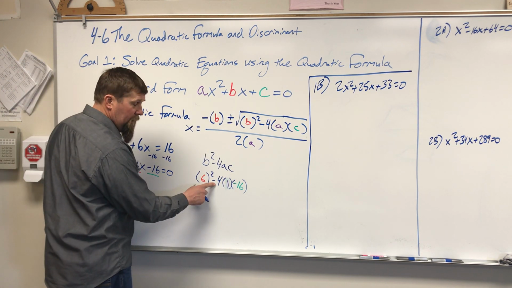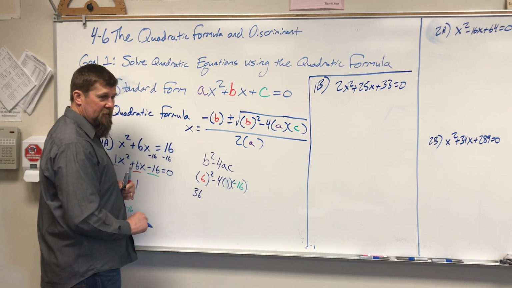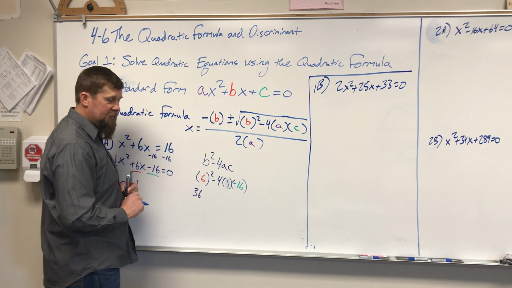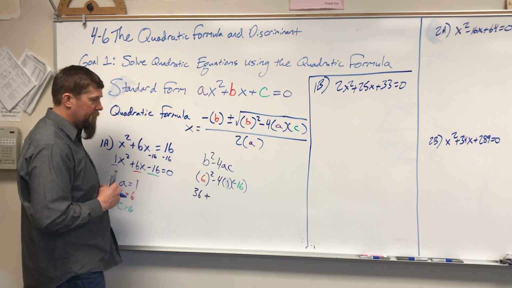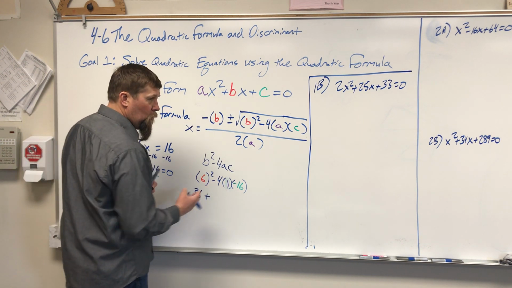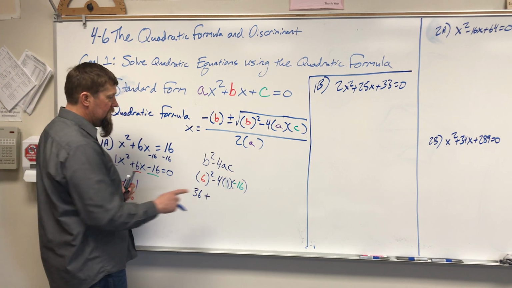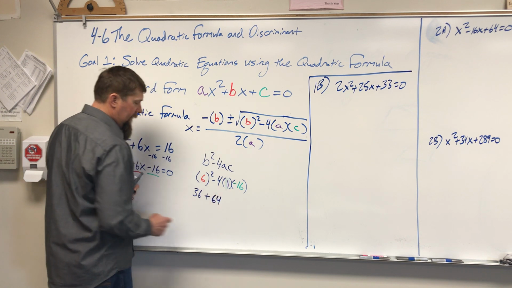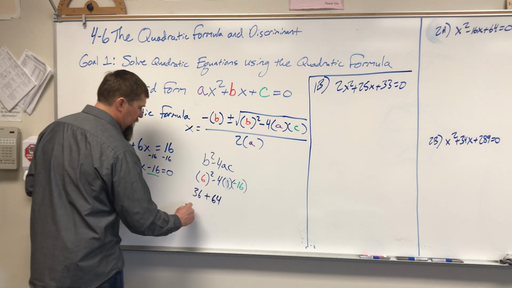I'm always multiplying one negative and then however many negatives I write in there for A and C. In this case, I have two negatives I'm multiplying together. That will indicate that I am adding the next number. Then I don't worry about those and I just go ahead and multiply. So in this case, 4 times 16 is 64. I am adding 36 plus 64, which is 100.